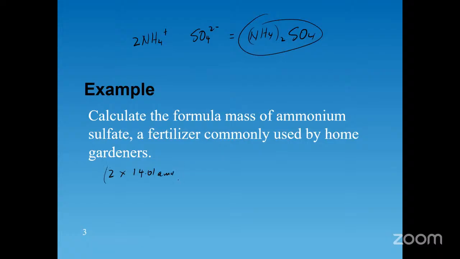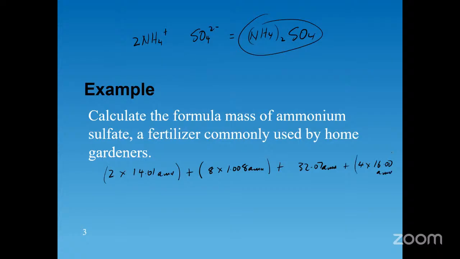And then I would add that to 8 hydrogens times 1.008 AMU. And then I would add sulfur. If I remember correctly, sulfur is 32.07 AMU. And then the 4 oxygens, 4 times 16.00 AMU.